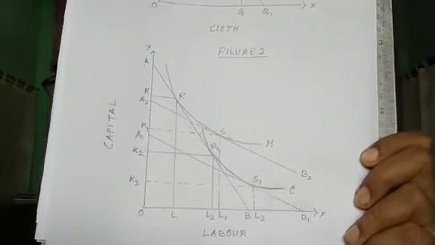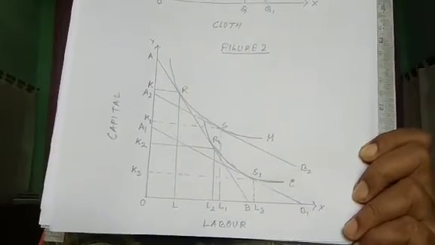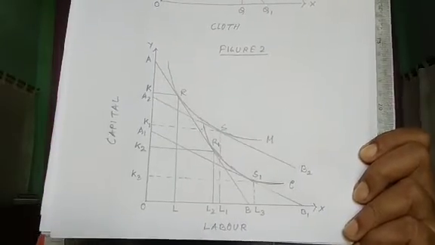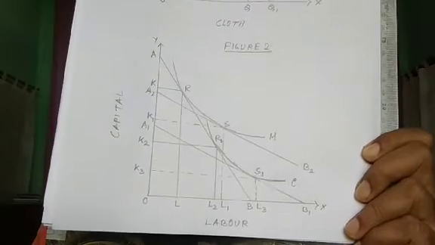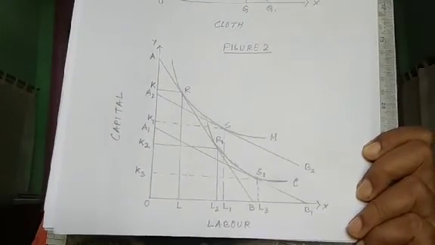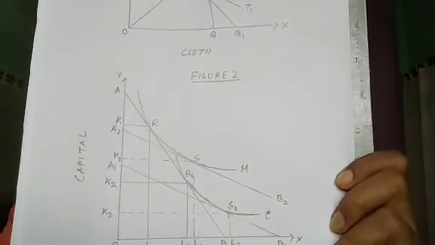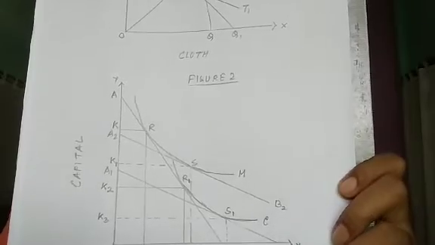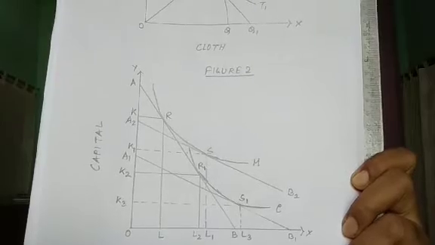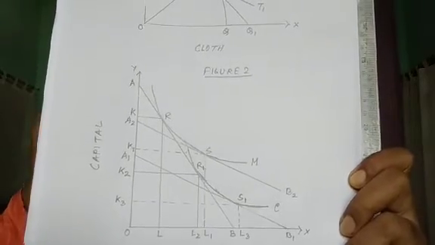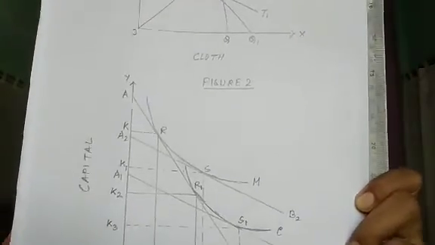So we have drawn another line A2B2 which is parallel to A1B1, the original factor price line of country B. Now the isoquant M is tangent to A2B2 at point S. So at point S, factor price line A2B2 is tangent to isoquant M.